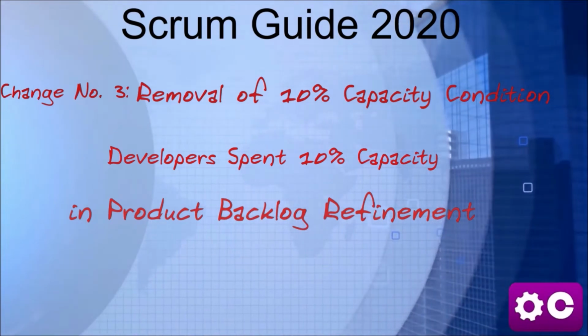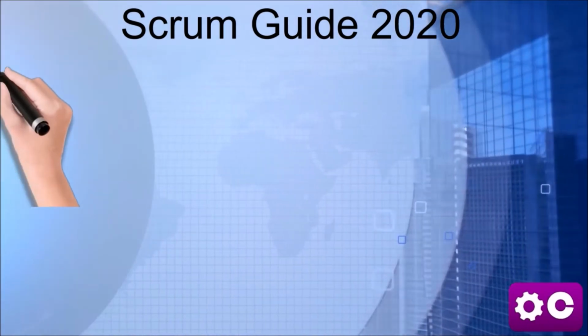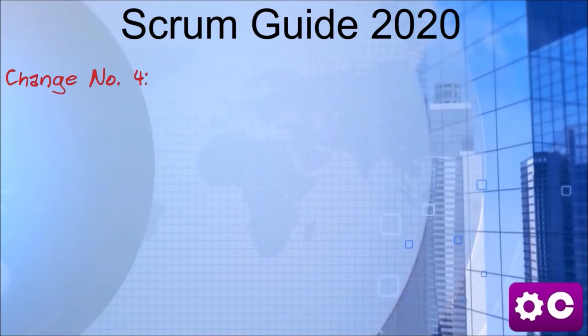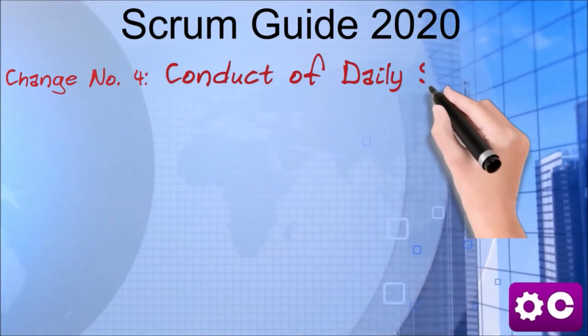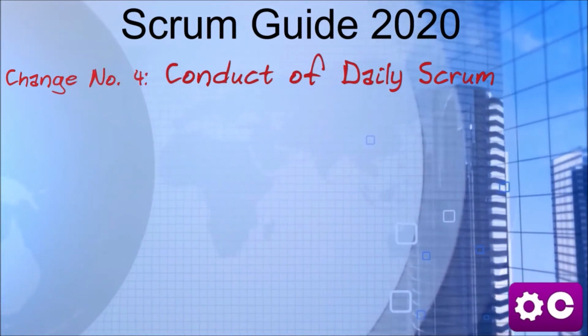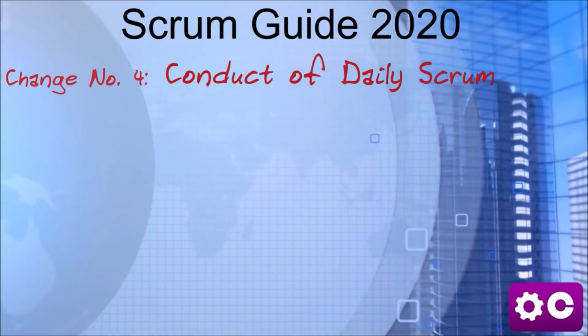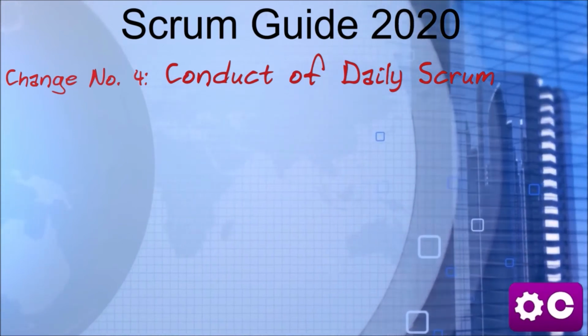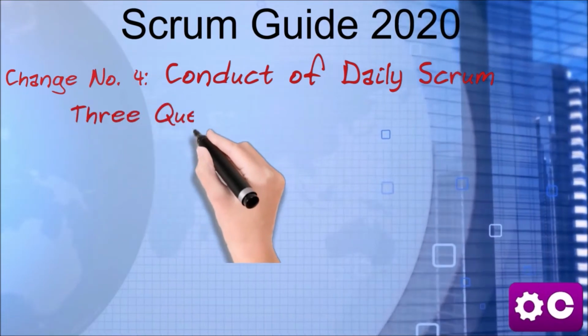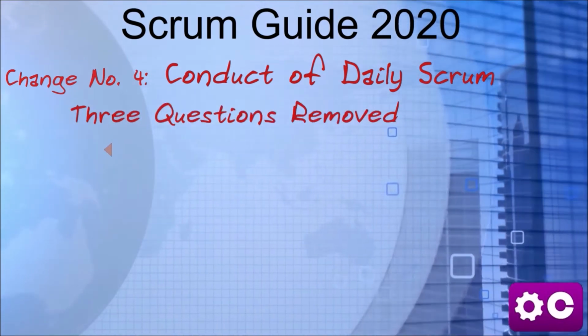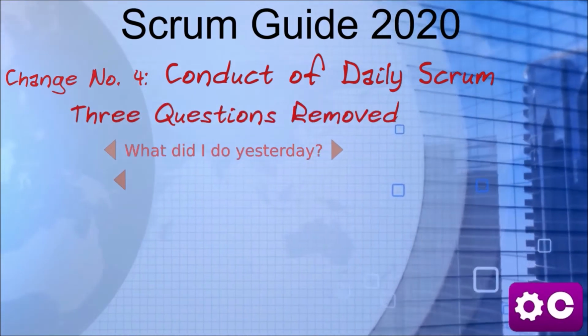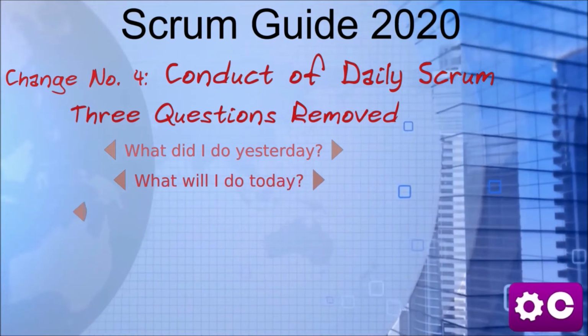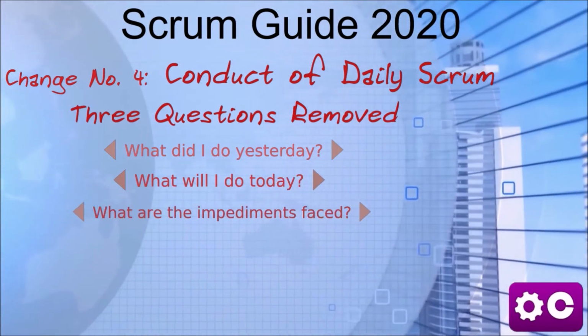The fourth change in the Scrum Guide 2020 is related to the conduct of the daily Scrum. The three questions that were suggested to be used during the daily Scrum: what did I do yesterday? What will I do today? What are the impediments faced? Have been removed.